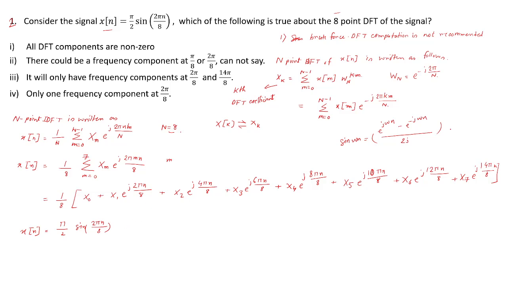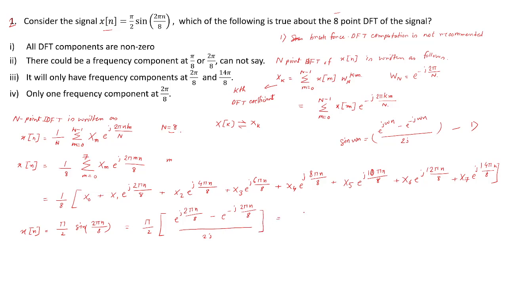So let us use property 1 here. What we get is pi over 2 times e to the power j 2 pi n over 8 minus e to the power minus j 2 pi n over 8, divided by 2j.